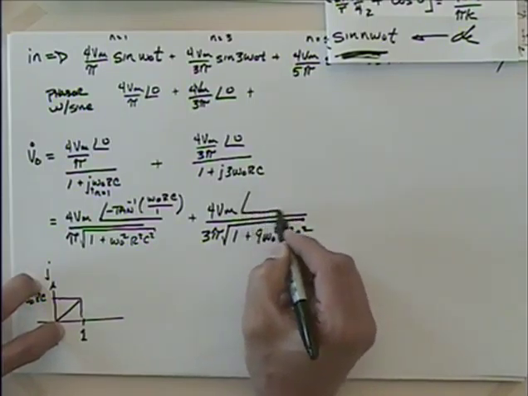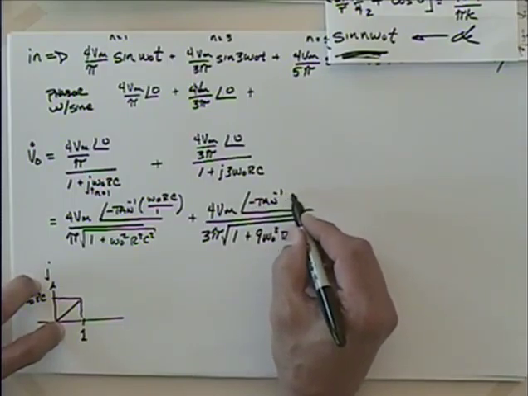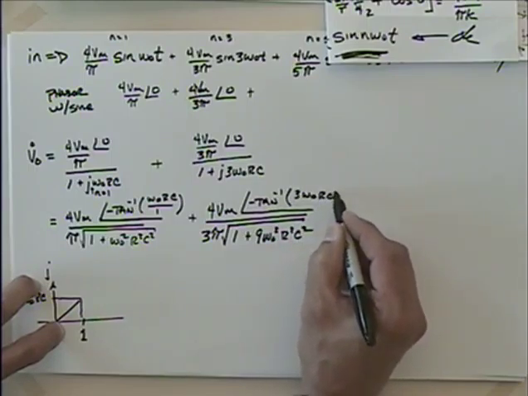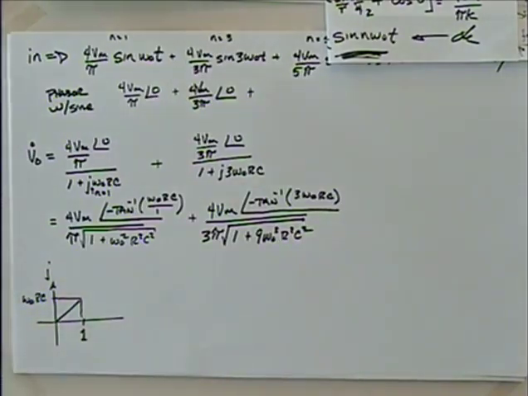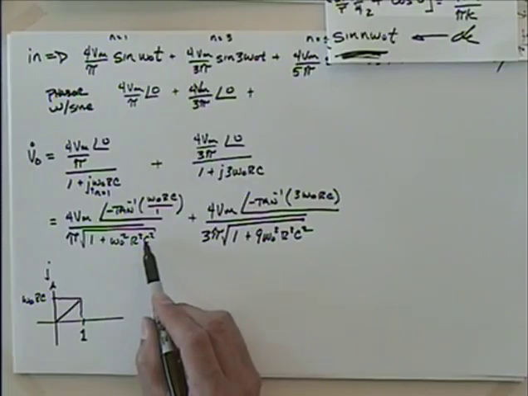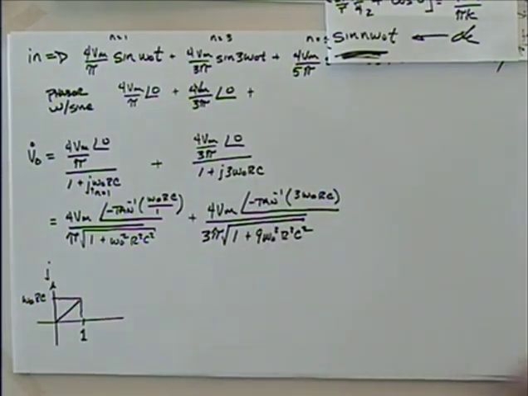And this is going to be at an angle then of minus the arctangent of what? 3 omega naught RC. And that's a negative arctangent because of the capacitor, right? That's a negative arctangent because it was in the denominator. Oh, right, the angle in the numerator is 0, so I really have 0 minus the angle of the denominator.